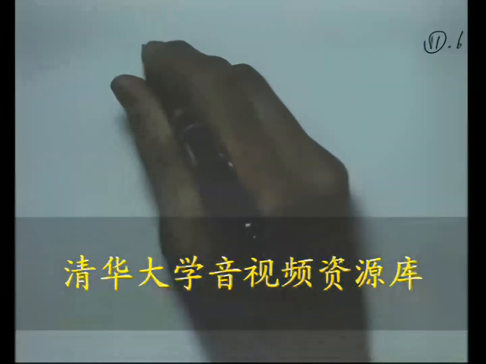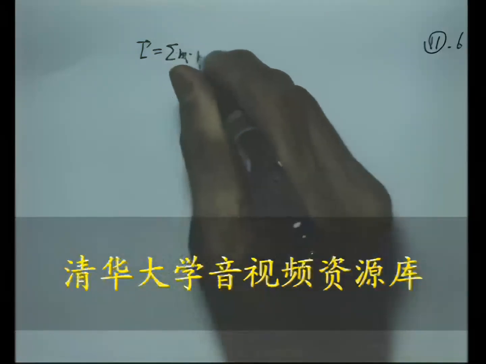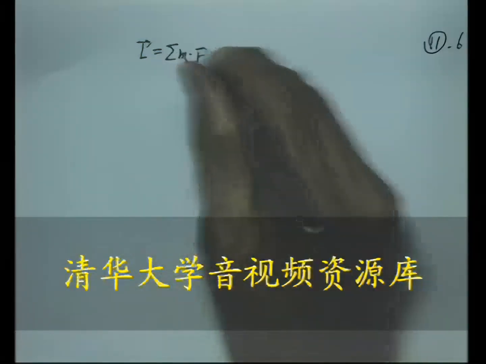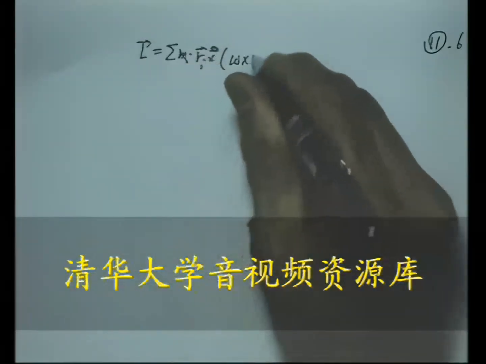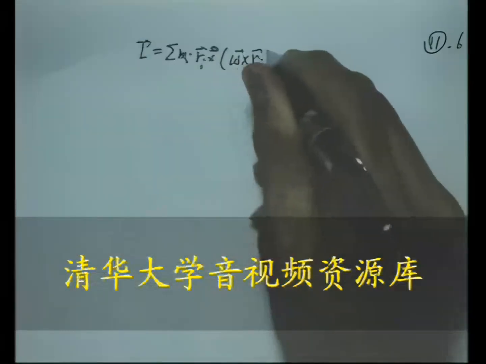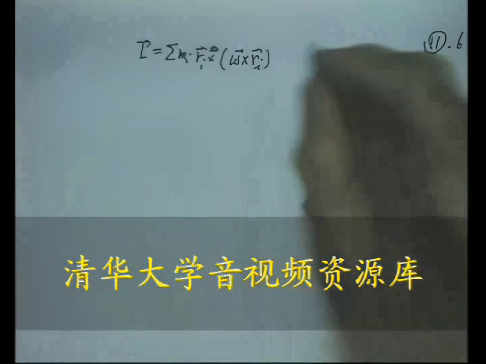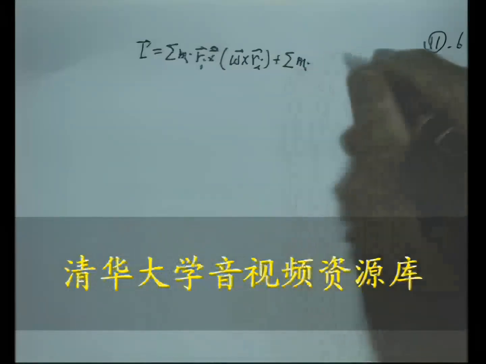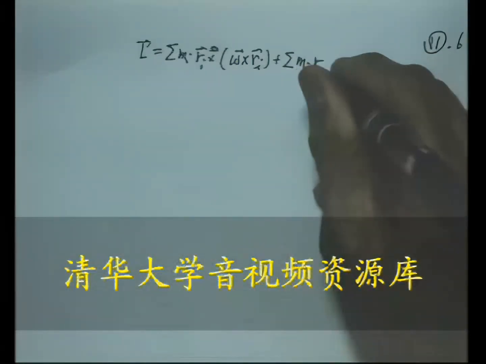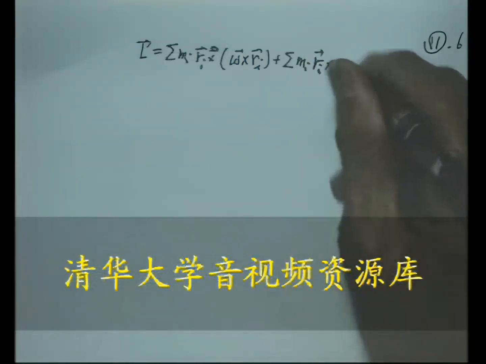So L then becomes summation mi Ri cross Vi, where Vi is omega cross Ri, plus the summation of mi Ri cross velocity of the center of mass.